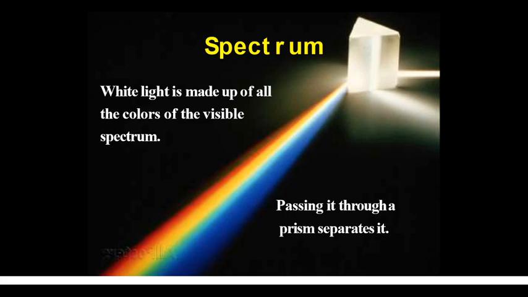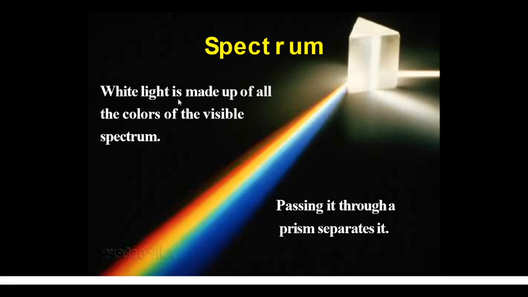See what happens when white light is passed through a prism. You know that process is known as dispersion. That means splitting up of component colors. So here you can see that when white light is passed through a prism, the white light consists of 7 colors and those 7 components are seen here.